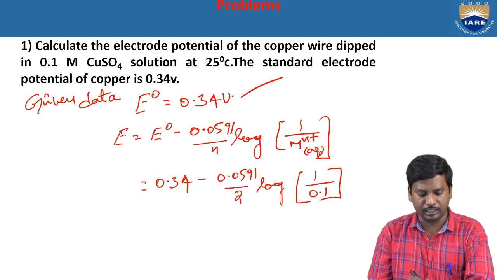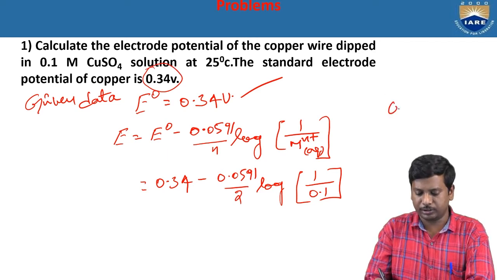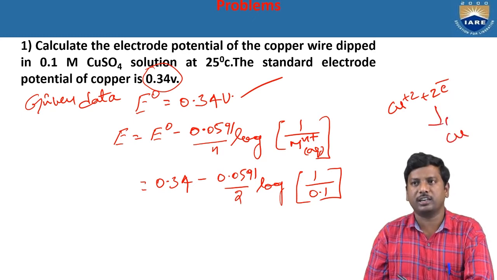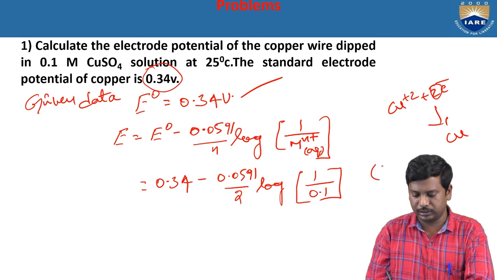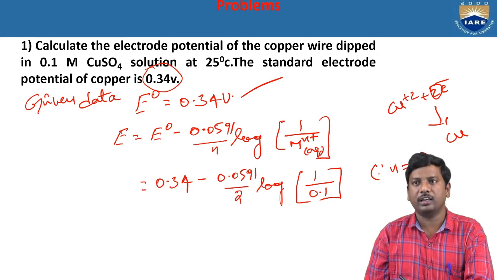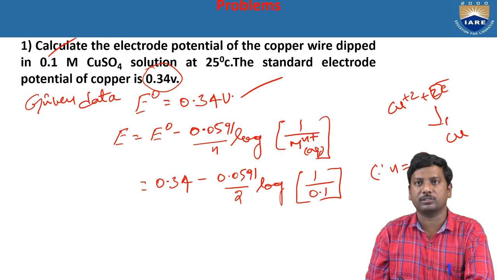It is the characteristic potential of a reduction reaction, that means Cu 2 plus gains 2 electrons to form Cu. So a reduction reaction takes place. That's why 2 electrons are involved, so n is equal to 2. And the concentration of metal ion given in the problem is 0.1 molar copper sulfate solution.